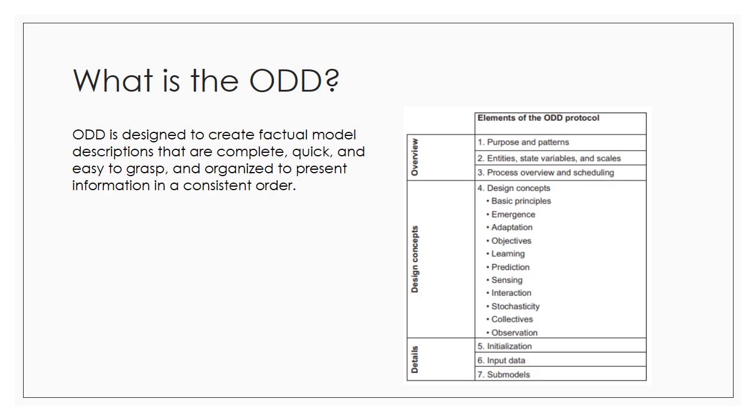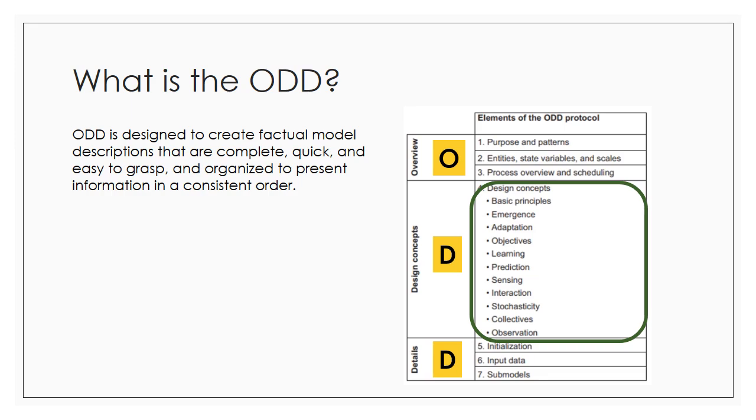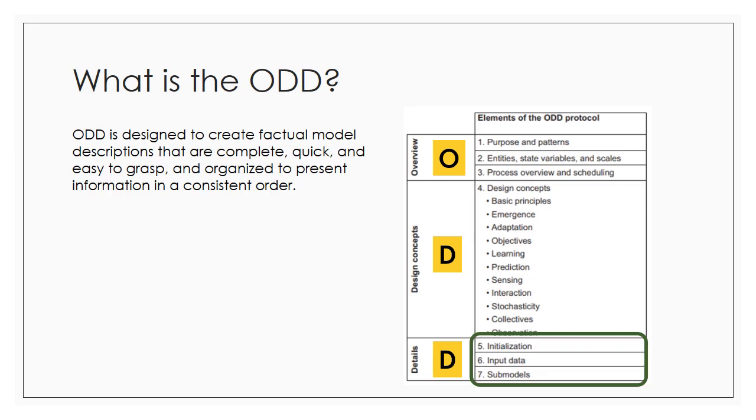As a reminder, ODD stands for Overview, Design Concepts, and Details. The ODD protocol starts with three elements that provide an overview of what the model is about and how it is designed, followed by an element of design concepts that depicts the ABM's essential characteristics, and it ends with three elements that provide the details necessary to make the description complete.